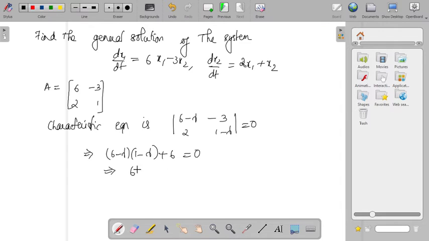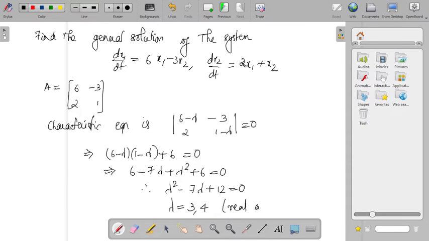Therefore 6 minus 7 lambda plus lambda square plus 6 equal to 0, so lambda square minus 7 lambda plus 12 is equal to 0. The roots are 3 and 4. So the eigenvalues are real and distinct. Now we will see the corresponding eigenvectors.